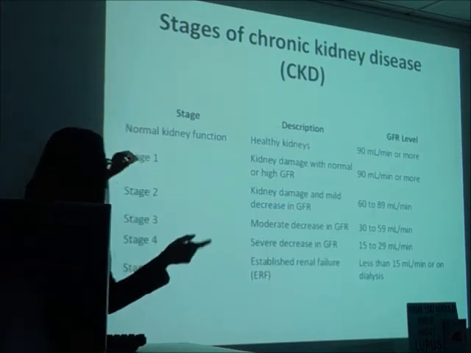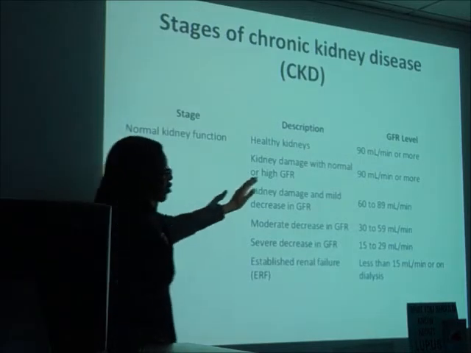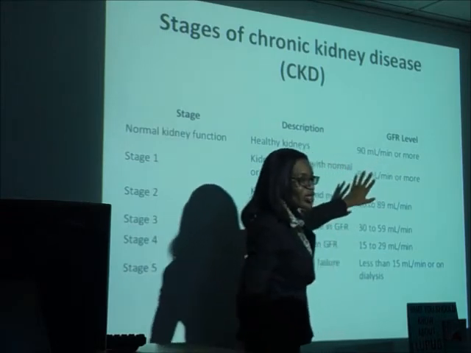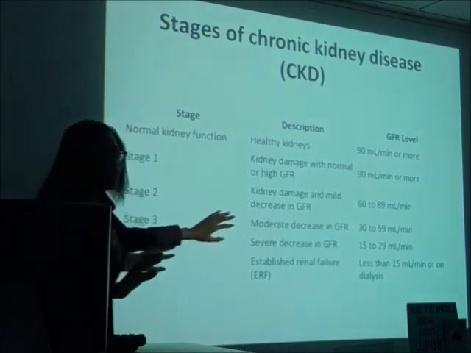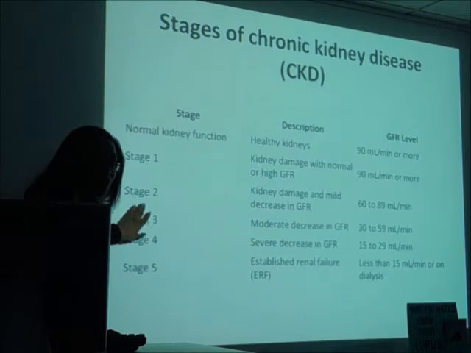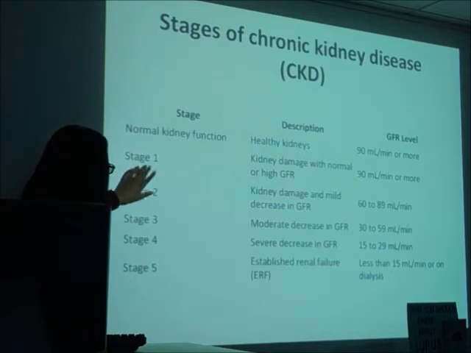So if you think of it, you've got normal kidney function, and we base it on what we call the glomerular filtration rate, but you don't need to get bogged down with that. But then, just to say that we grade it all the way from stage 1 through to 5, based on how severe it is. Now, if it's just stage 1 and 2, normally you'll still be looked after by your GP.